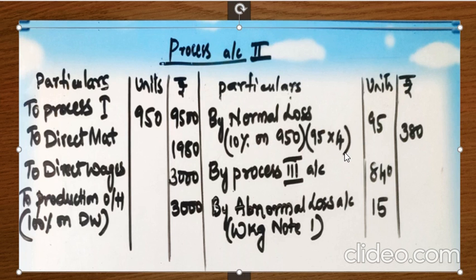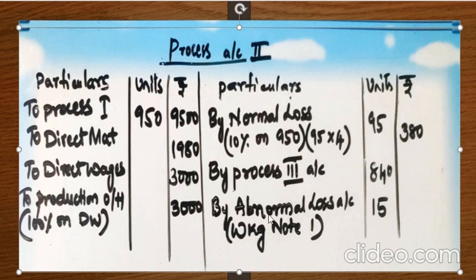That means there is a loss which has occurred to the units you introduced. Output is your actual output. If it is less, that means there is loss in the process. So how much is less in your output? 15 units. That 15 units will be taken as the abnormal loss account.